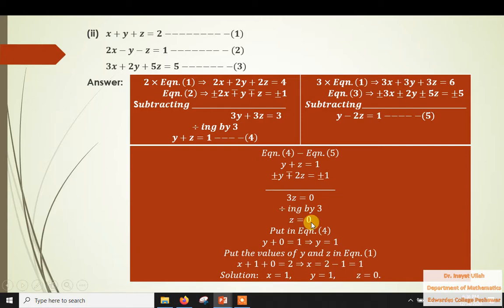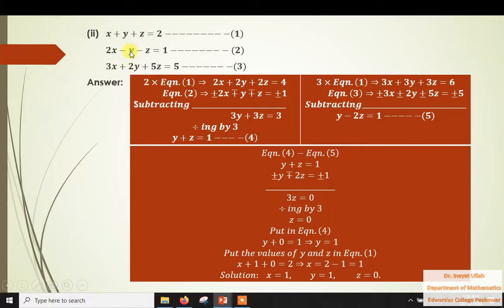Now that is z. Now we are interested in back substitution. So back substitution means find z first, so z is obtained. Now put this z in equation 4 or 5 to get y, so y is 1. Now put this z and this y in any of these equations.